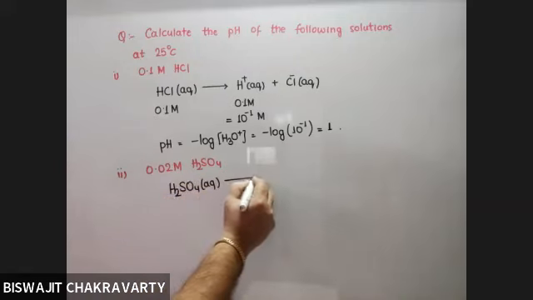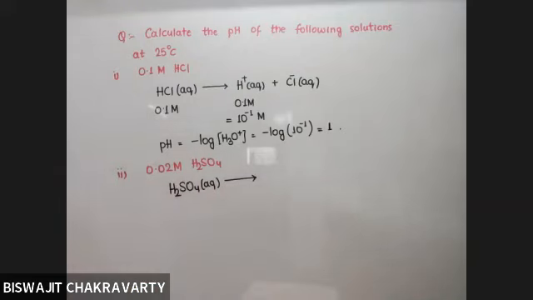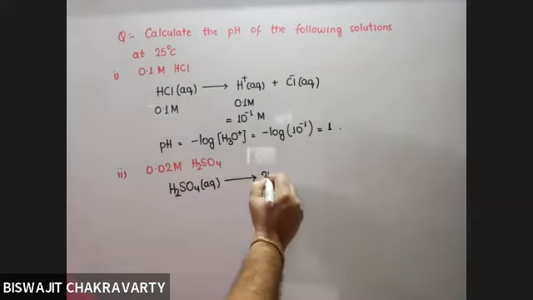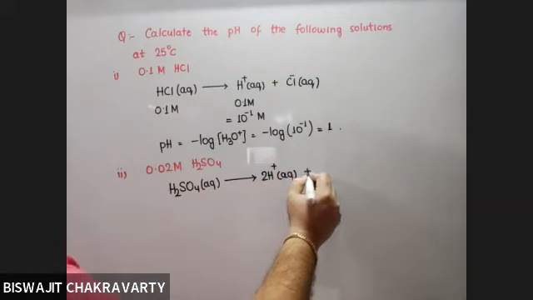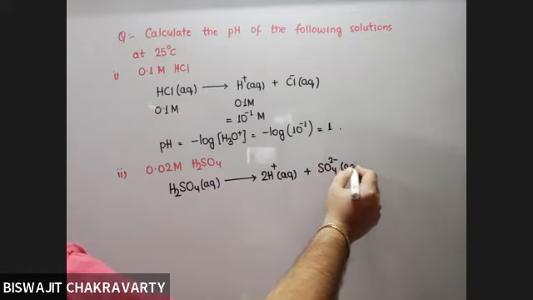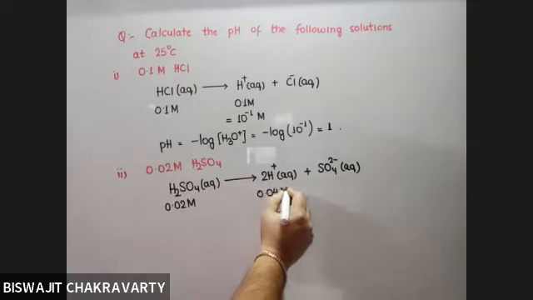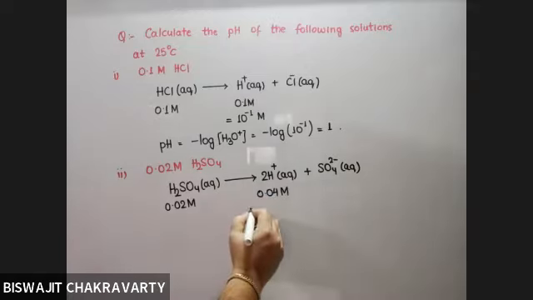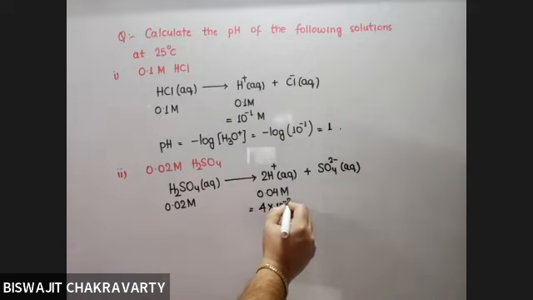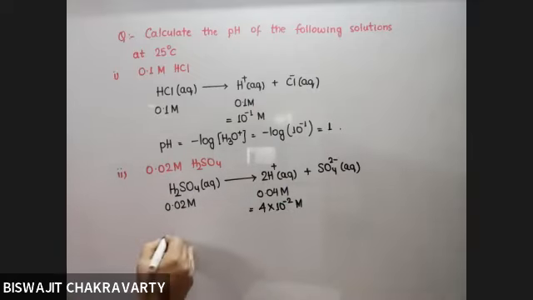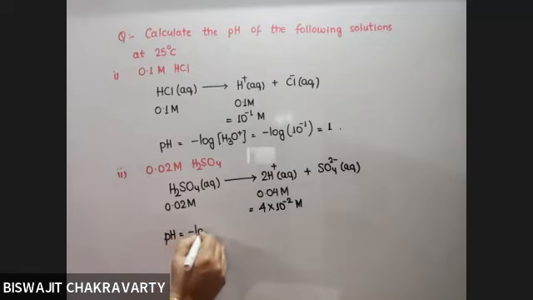When H2SO4 breaks, what will it produce? How many H plus will it produce? 2H plus, and one sulfate ion. So if this is 0.02 molar, then how much will you put under H plus? 0.04. It will double, 0.04 molar, which is 4 into 10 to the power minus 2. So pH will be minus log of H3O plus.